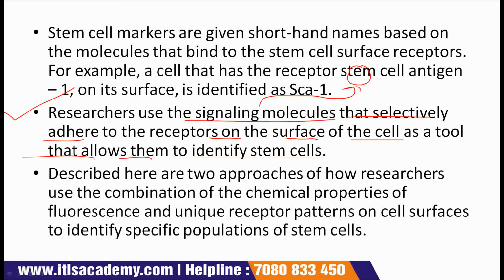A technique was developed to attach to the signaling molecule another molecule or tag that has the ability to fluoresce or emit light energy when activated by an energy source.